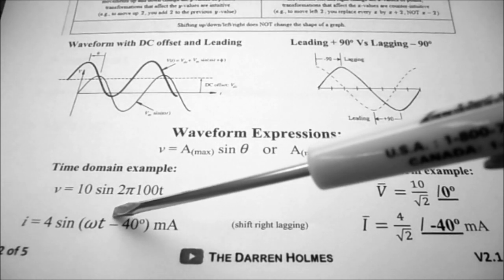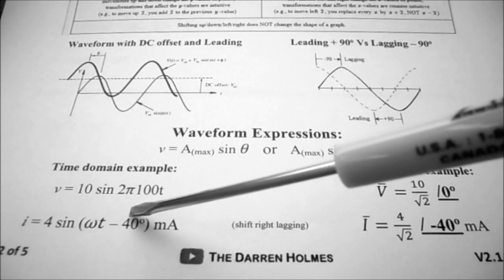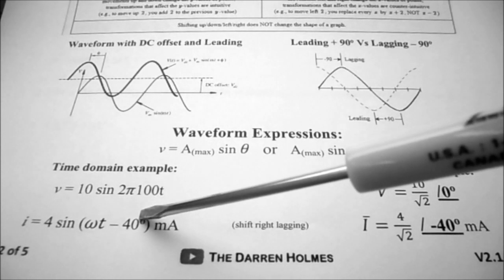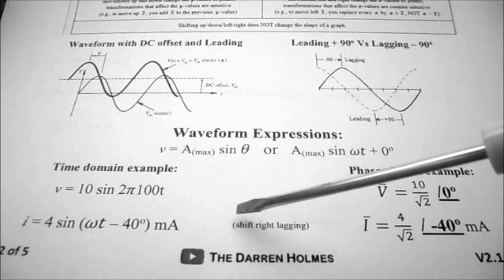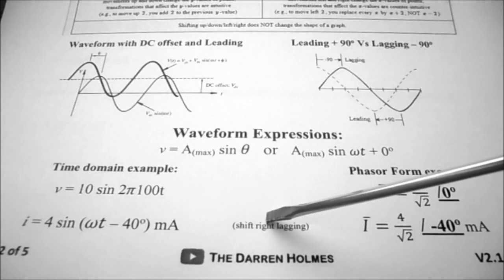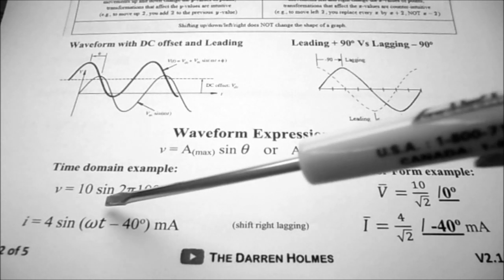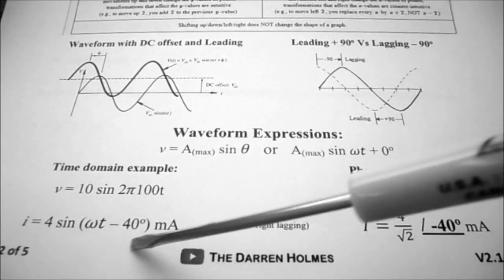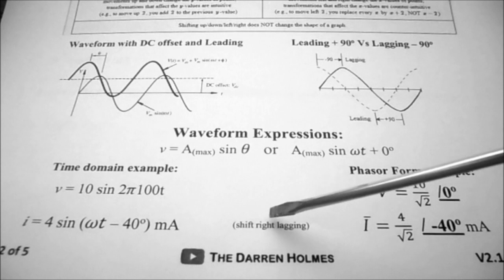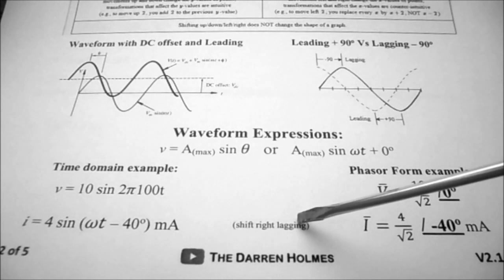And you can see it has a phase shift of minus 40 degrees. That would be shifting right. When we shift right, we say minus as part of the function. And shifting right is actually lagging.